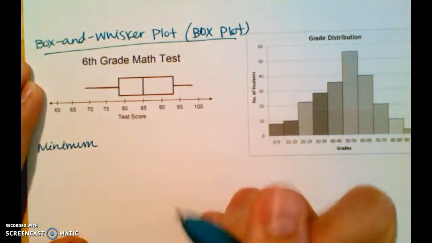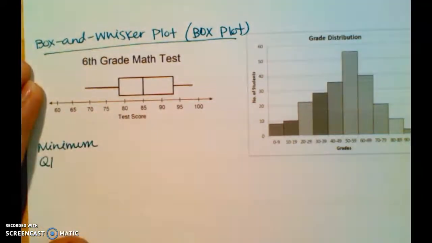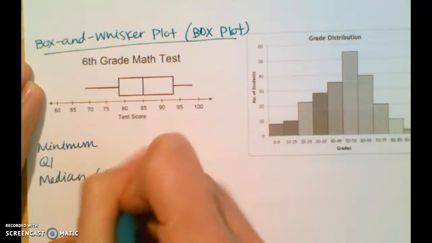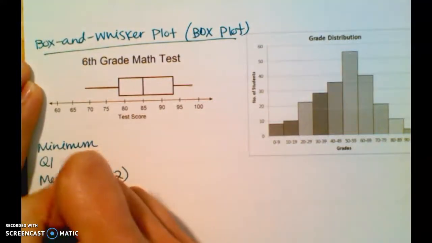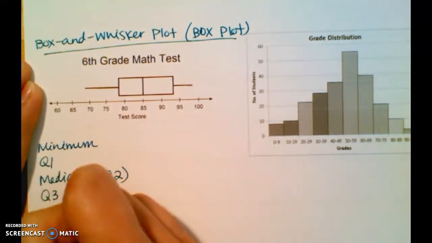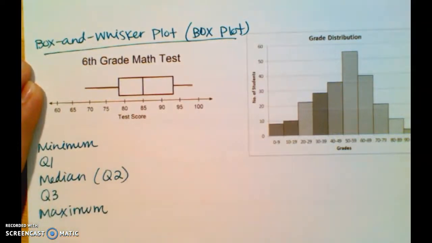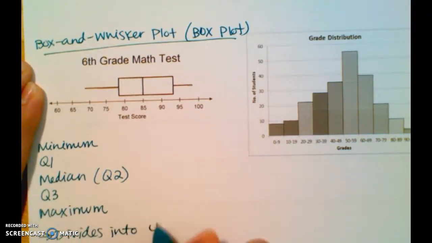It tells us what quartile 1 is, which you learned about in yesterday's video. It tells us the median value, which is also called quartile 2. It tells us quartile 3, and it tells us the maximum. One other thing it does is it divides into 4 quarters, we'll write this down.